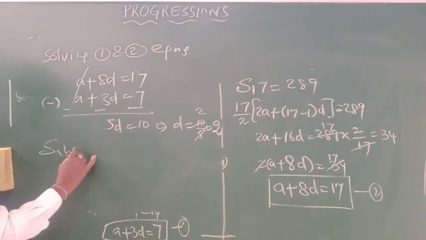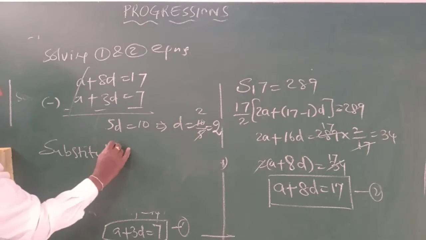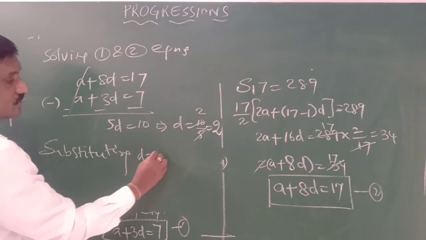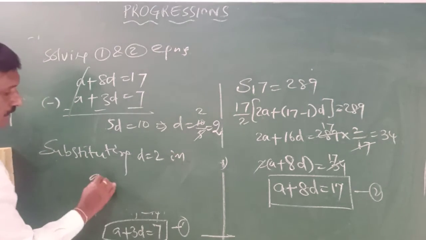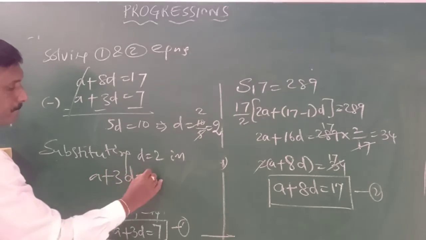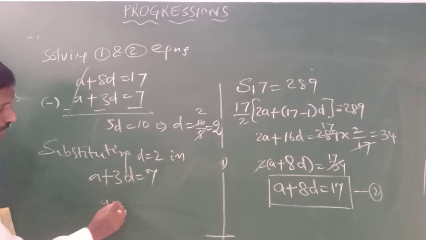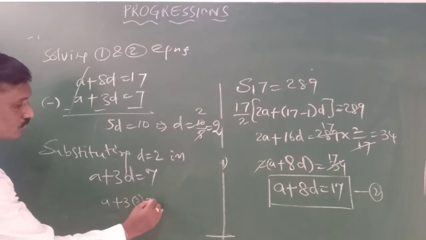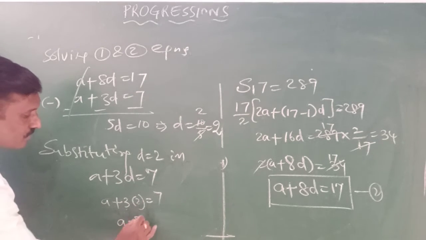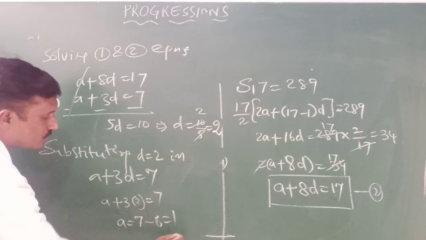So substituting d is equal to 2 in a plus 3d, what is the a value? a plus 3 into 2 equal to 7. a is equal to 7 minus 6, is equal to 1.